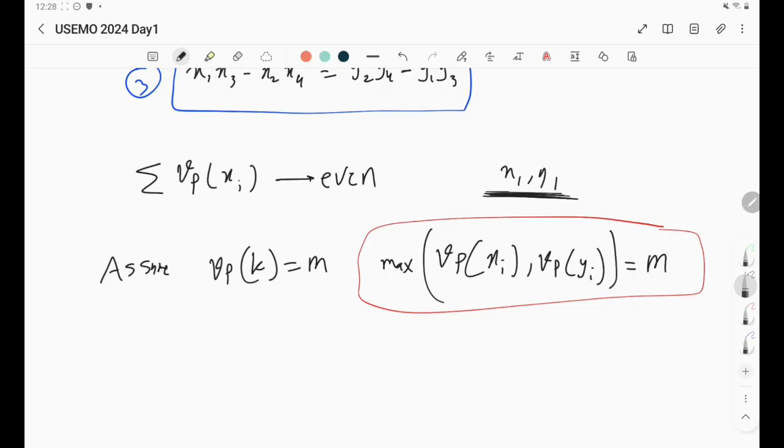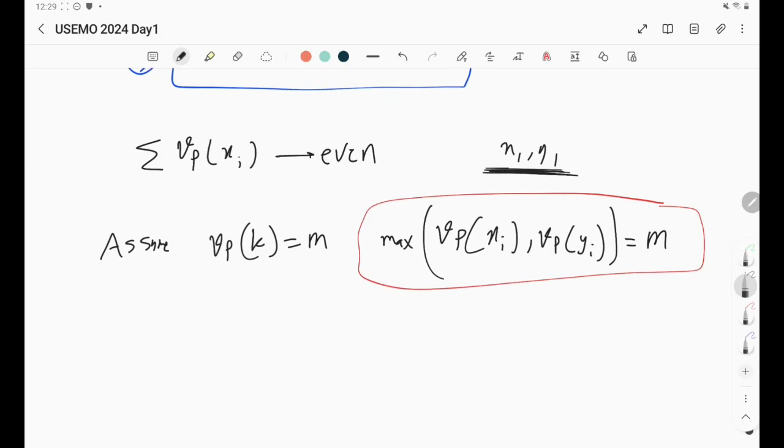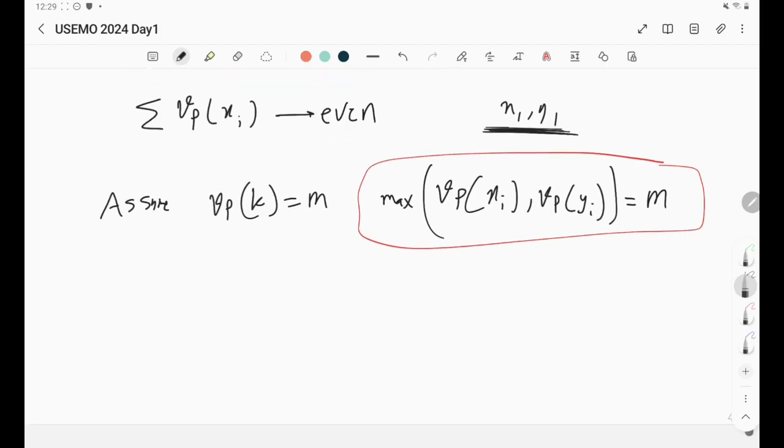Of course, the first case you can take a look at is what if all of the x's have the same VP, the VP of x1 is the same as x2, the same as 3, the same as 4, they're all equal to m. If they're all equal to m, then we're done, because that means this thing here is just 4 times m. 4 times m is even, so we're done.